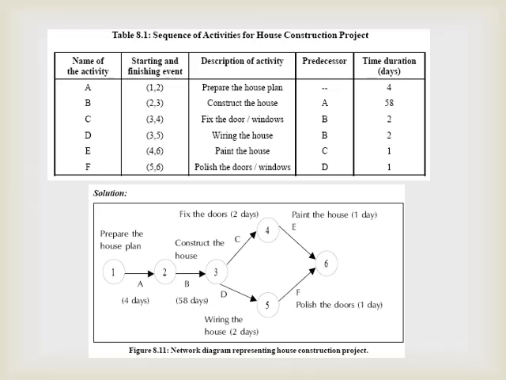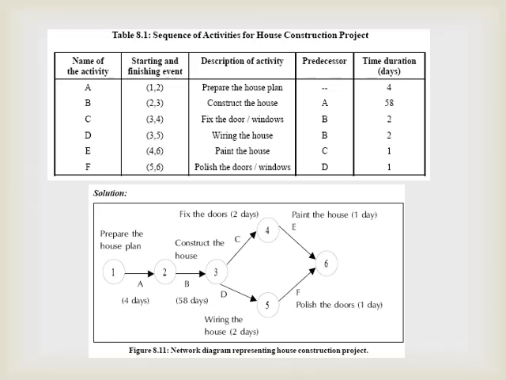So the start event for activity A is 1, and the finishing event for A is 2. B starts at 2 and finishes at 3. C, respectively, starts at 3 and finishes at 4, etc.